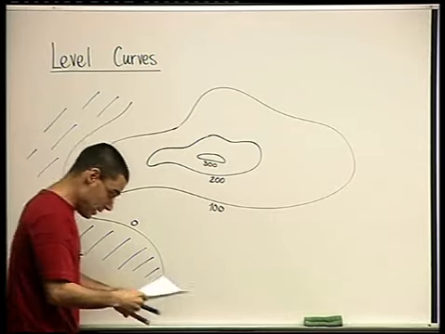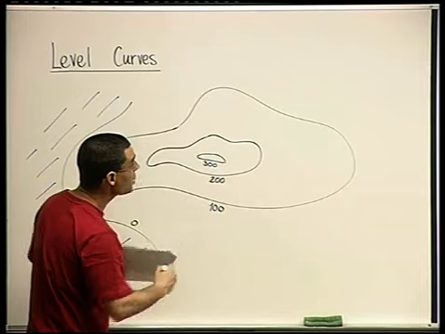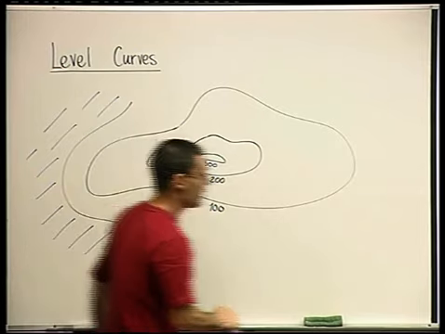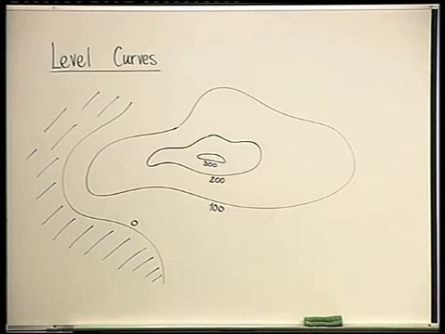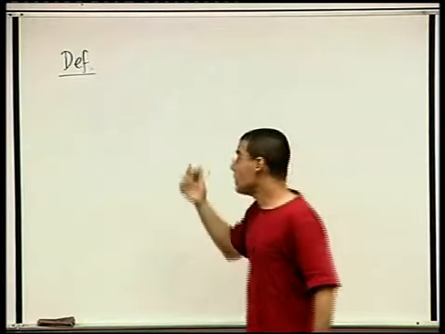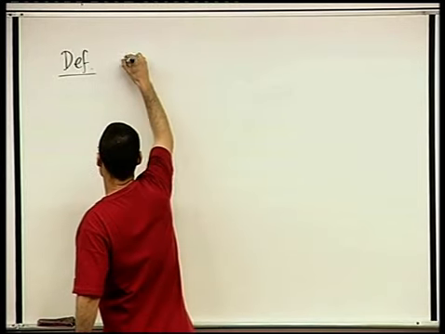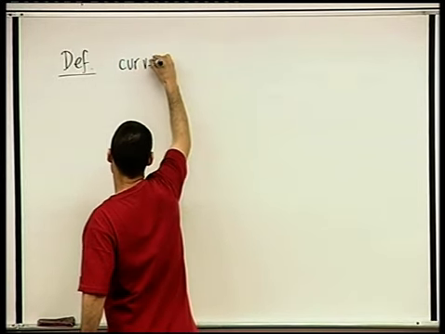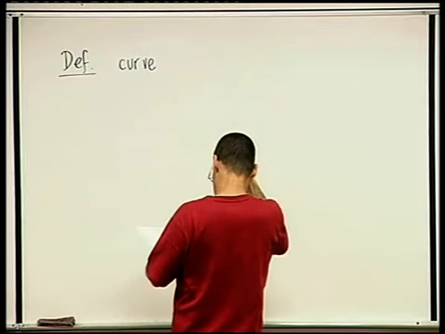So let's write the formal definition and then do some examples. I'm going to move over to this board here and write the definition. We're going to define it as a curve, although we remarked that it's not necessarily a curve.